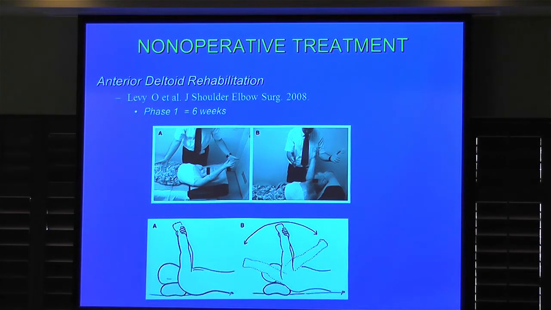Here the doctor is assessing the functional arc of motion. And when you lay down, you minimize the effects of gravity and stress for the deltoid and the cuff on the shoulder. And she can move her arm actively from his right hand to his left hand, but she can't really do it from here to here. So the first 6 weeks, she's using her other arm for assisted range of motion in the supine position.